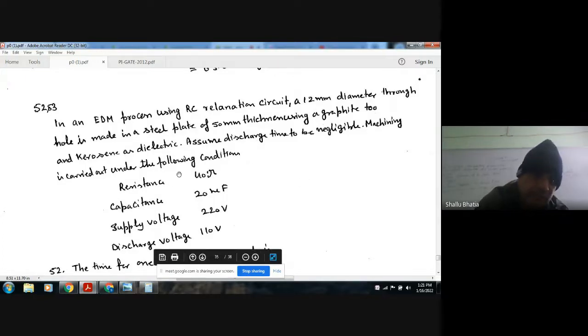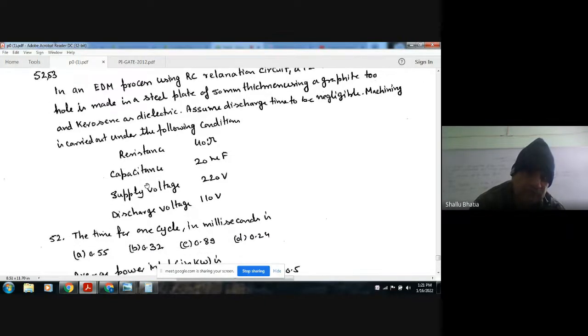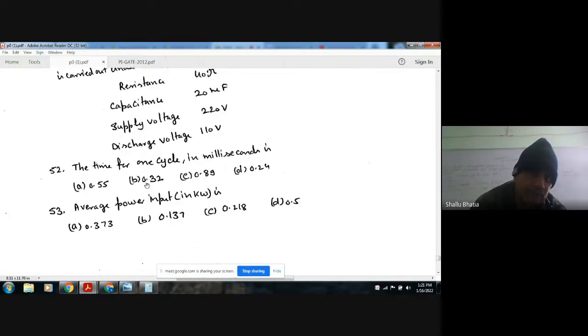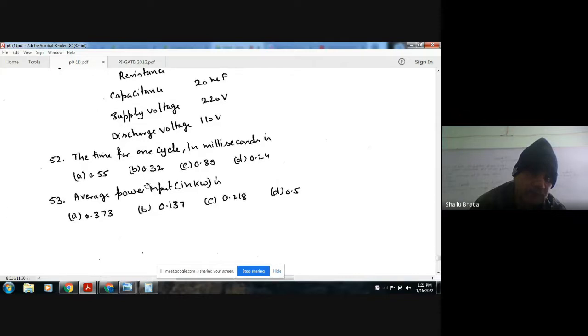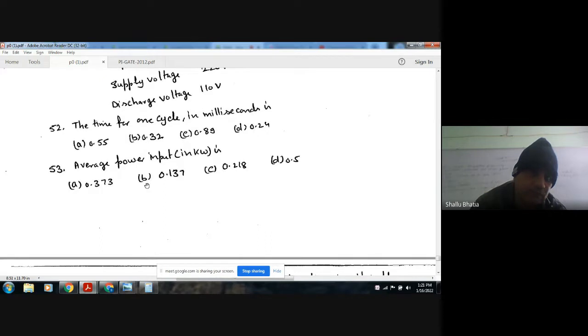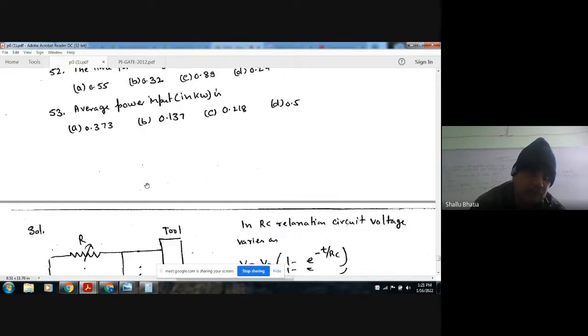The machining is carried out under the following conditions: resistance 40 ohm, capacitance 20 microfarad, high voltage 220 volt, discharge voltage 110 volt. Find the time for one cycle in milliseconds and the average power input.